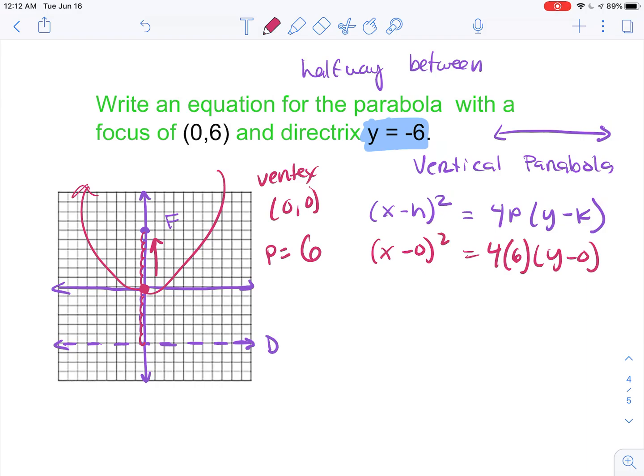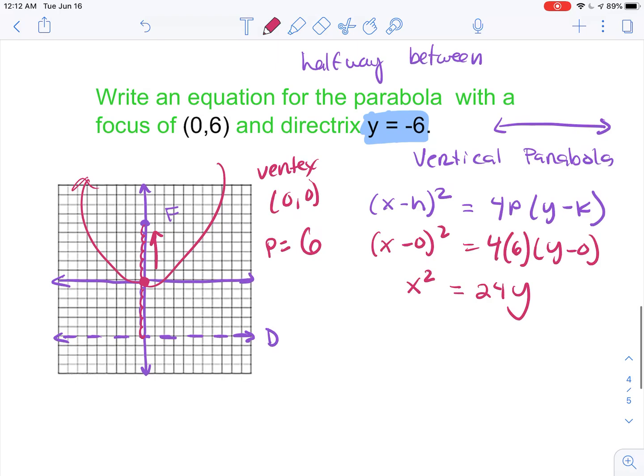So 4 times 6 goes there. Now all that's left is to write it as simplified as possible. We don't need to write the zeros. And we get x squared equals 24y. Sometimes you will see this as 1 over 24 x squared by solving for y, but this is typically an acceptable answer.